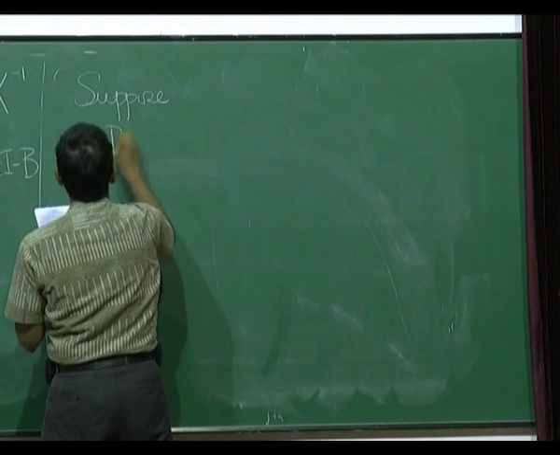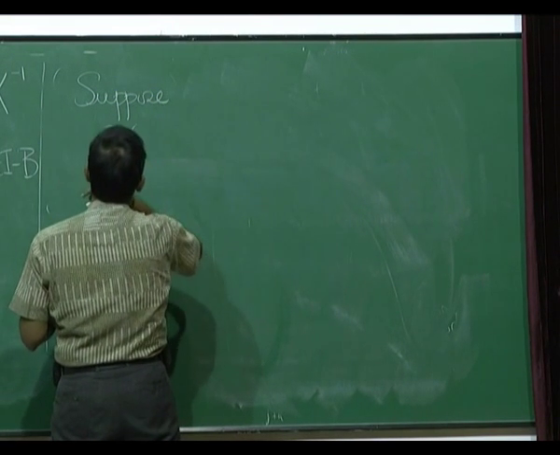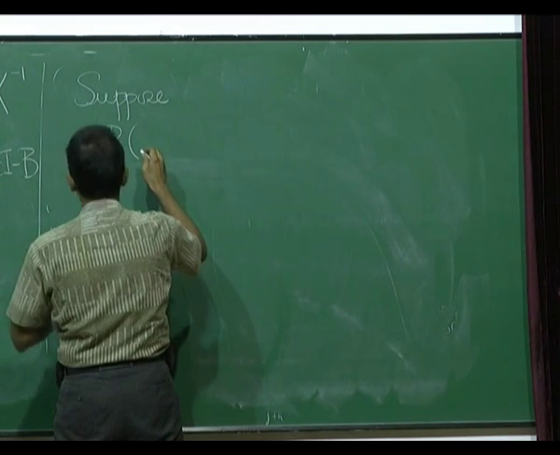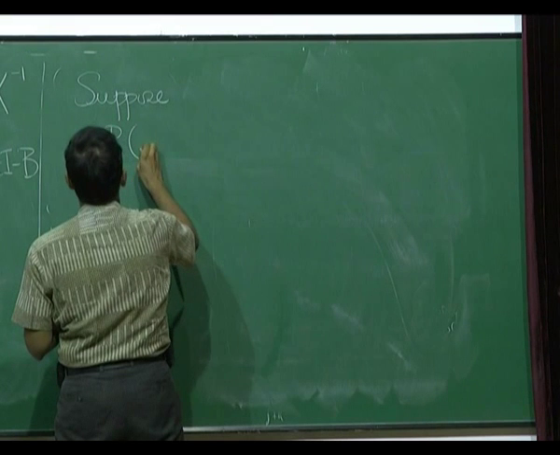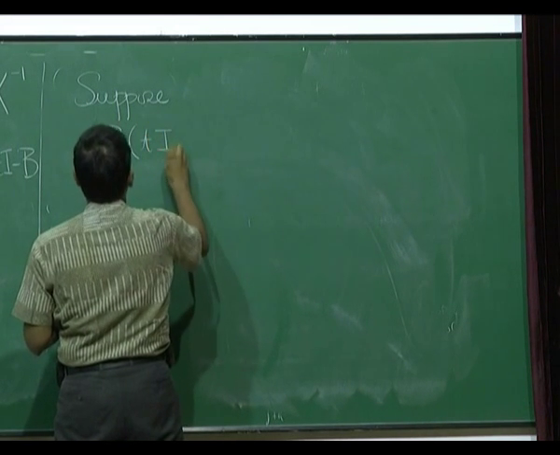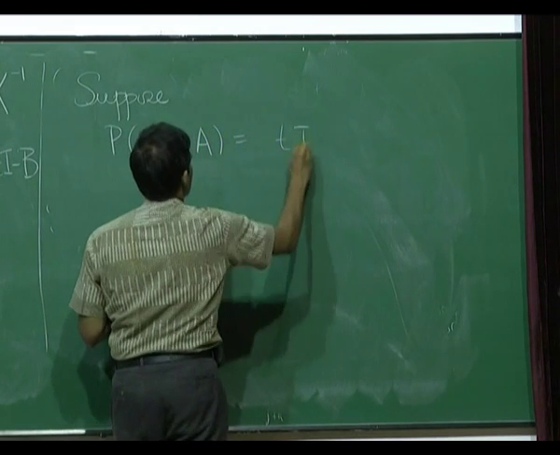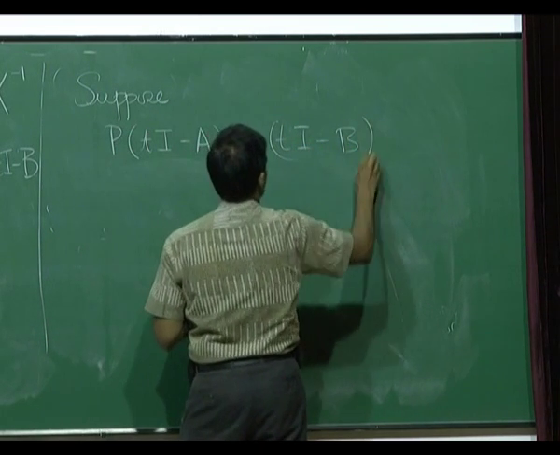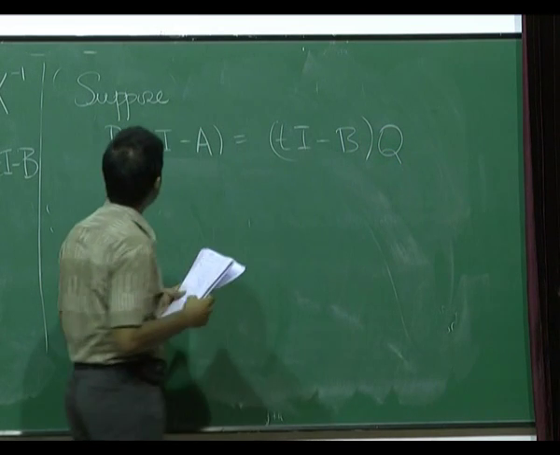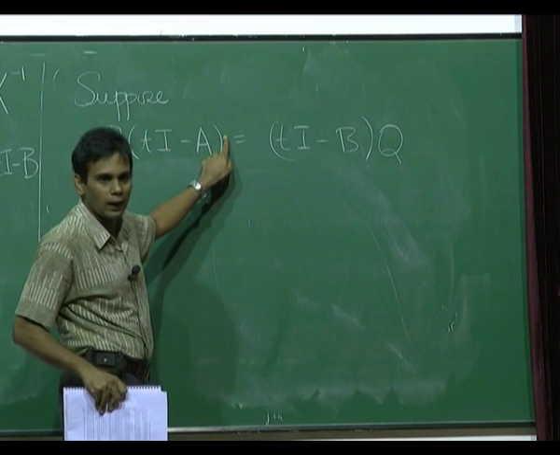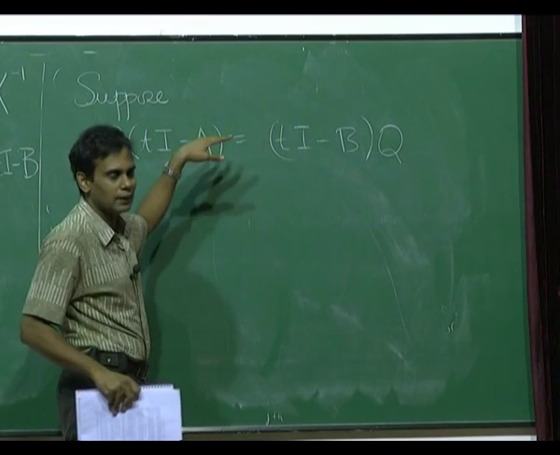Suppose P times Ti minus A is equal to Ti minus B times Q. Earlier I had written Ti minus B is X times Ti minus A times Y, but I want to write it in a slightly different form.